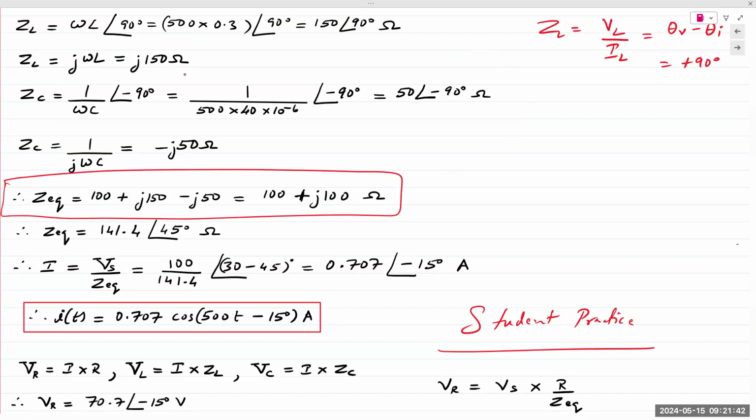ZC, similar to ZL, will always have an angle of 90. But because current leads the voltage, or because voltage lags the current, the impedance angle for a capacitor is always minus 90. So the equation for ZC is 1 over j omega C. I don't know if I showed this, but 1 over j is minus j.